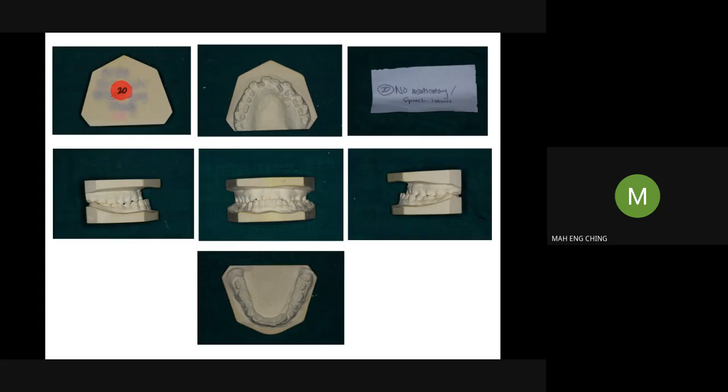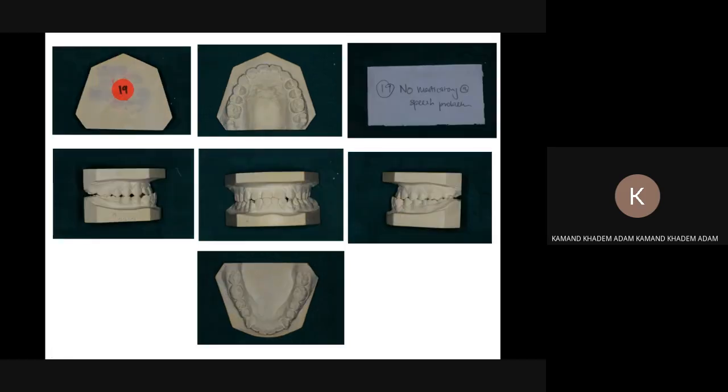So this one, number 20, again, I'll give you a hint here. This one, no problem. Isn't it for number 19 just now, the upper lateral is missing? You're right. Sharp eye. So this one the missing tooth will give you 4H.